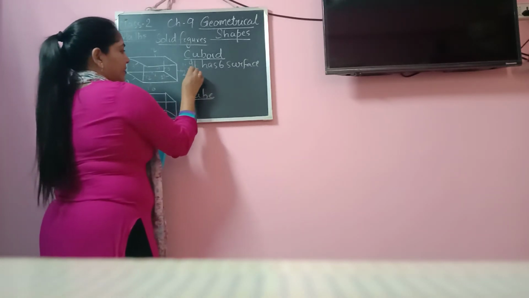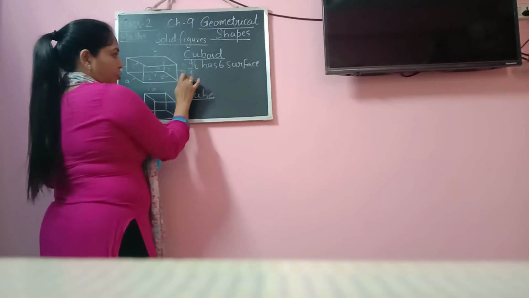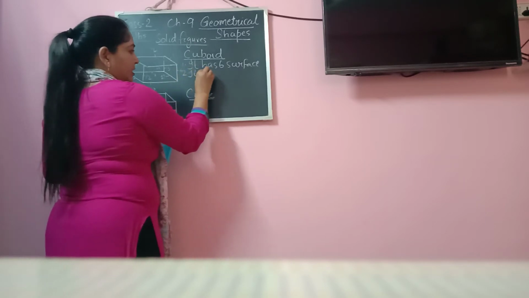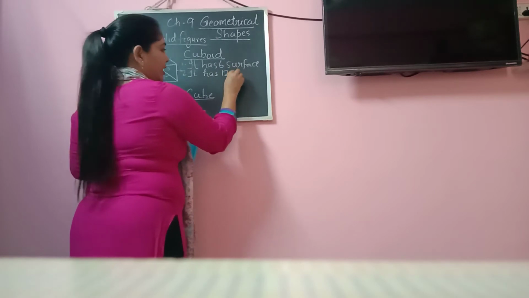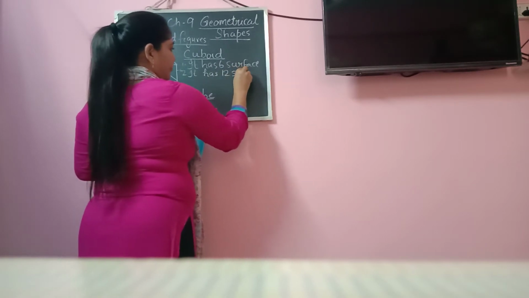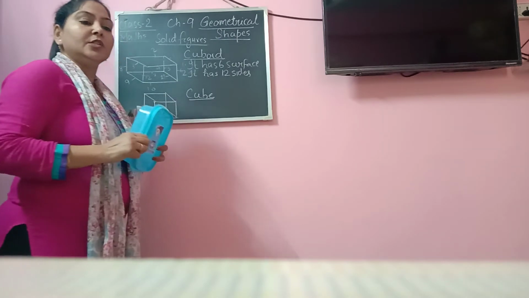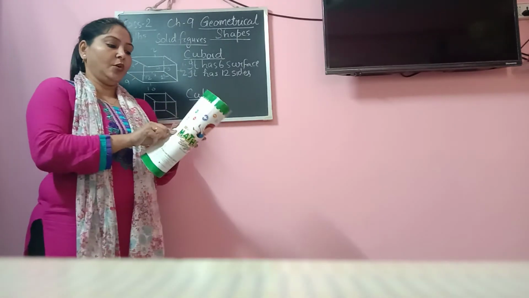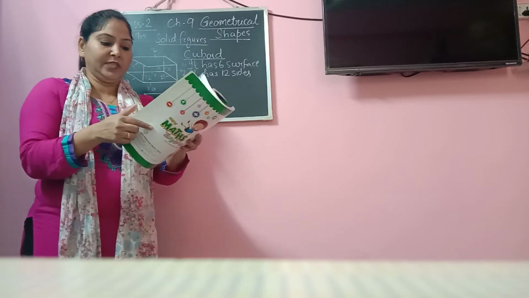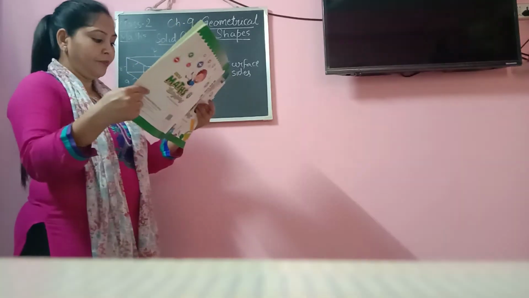It has 12 sides or you can say 12 edges. Okay, so every cuboid will have 12 sides. You can see in your book also there is one example given of a brick.